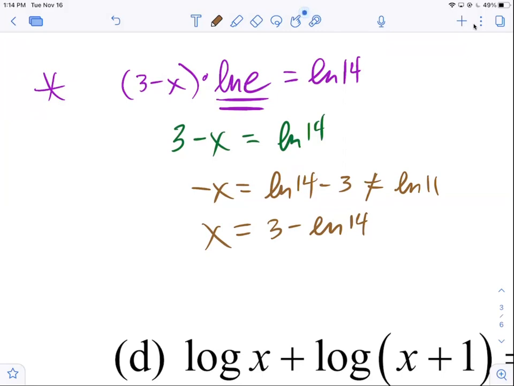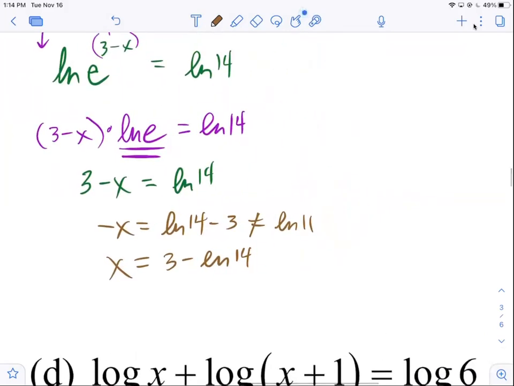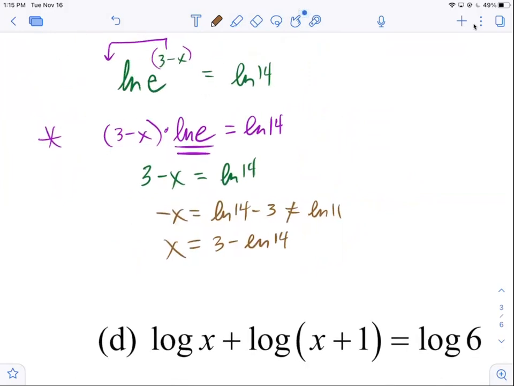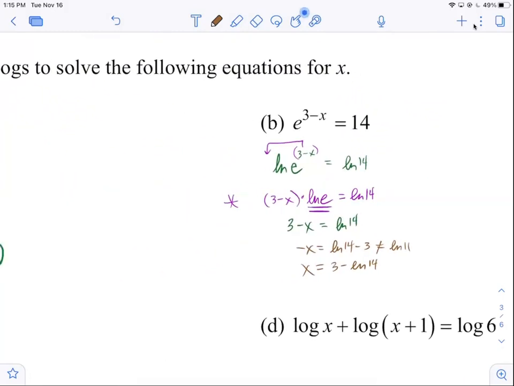So just like with sine and cosine, if you see one term after a function and there's no parentheses, that implies that only that first piece is part of that function, not the second piece, okay? All right, so it's 3 minus the natural log of 14. That's the answer. And it's exponential, so we really don't have to check, because what's the domain of exponentials? All real numbers, right. Now, assuming the math is correct, then the answer should be correct.